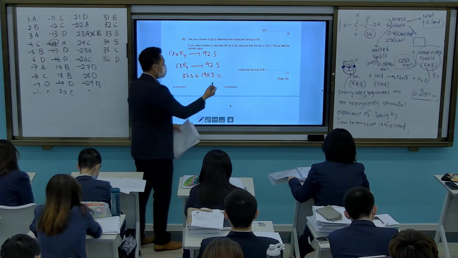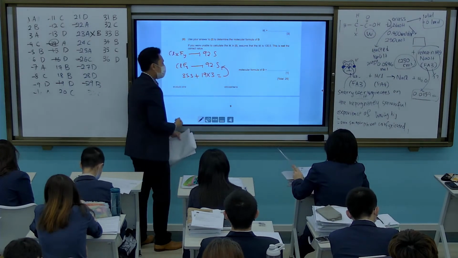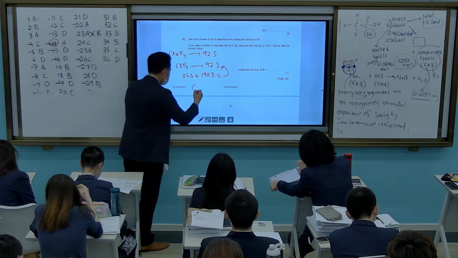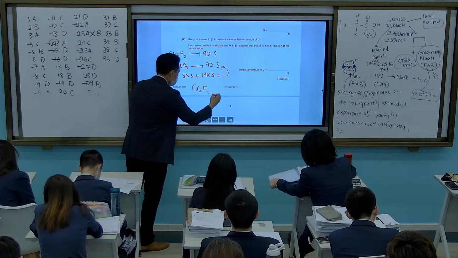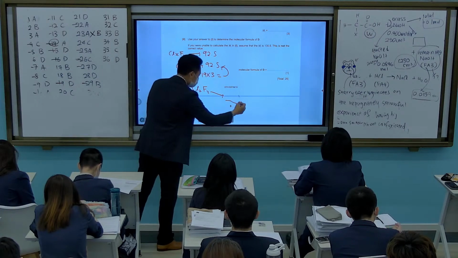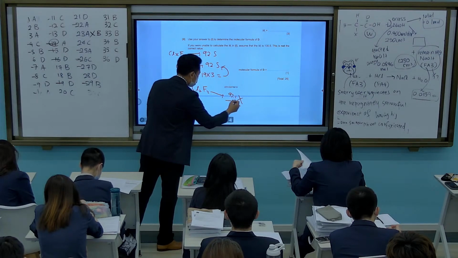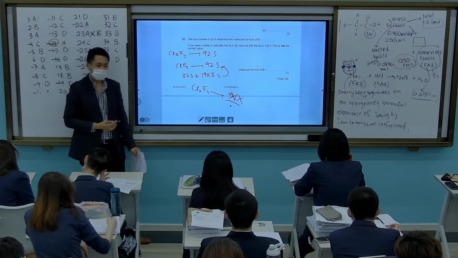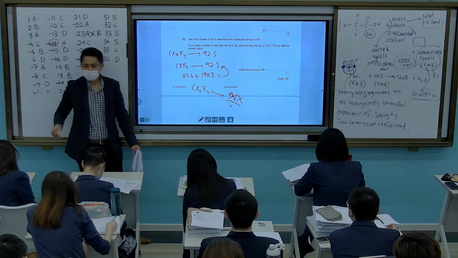Right, so this one here, you will in the end get this answer, 92.5. It's a guess and check. Sometimes you try this one here, Cl2F2. When you get the number here, this number is not 92.5. So that's why you can eliminate this answer. Right, you need to try. Okay, try to find.